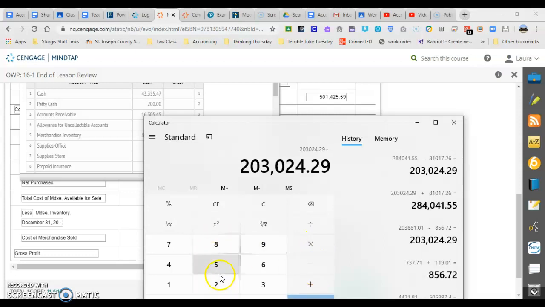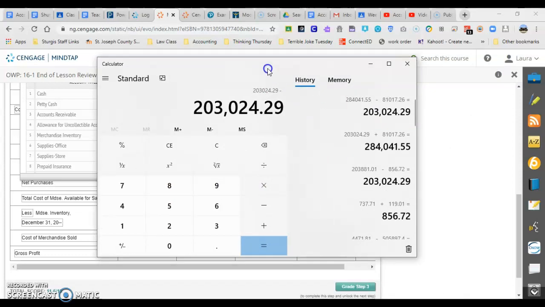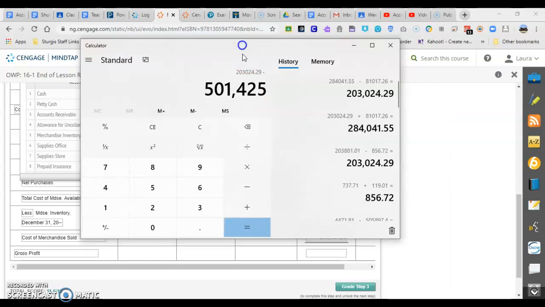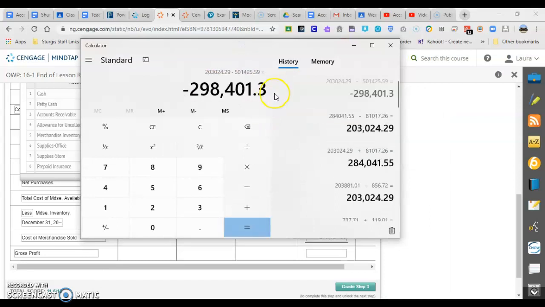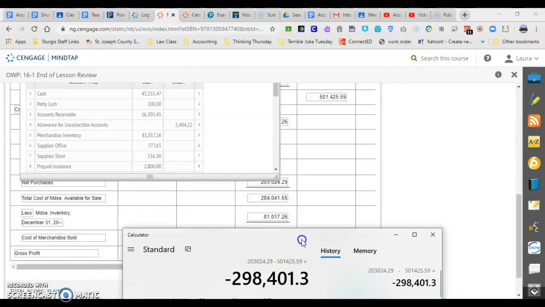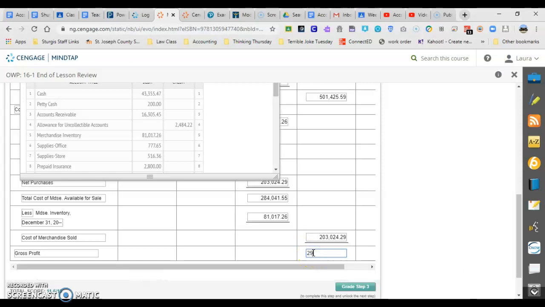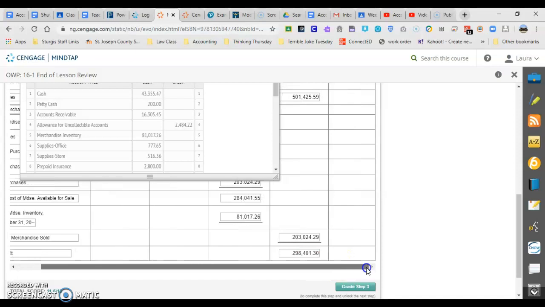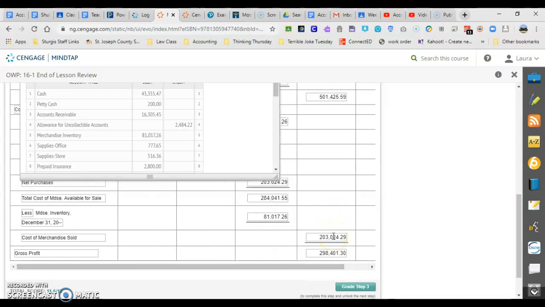So I'm going to minus the 501,425.59. It's 298,401.30, and that is our gross profit. That's how much we made off of our merchandise before we have any other operating expenses.